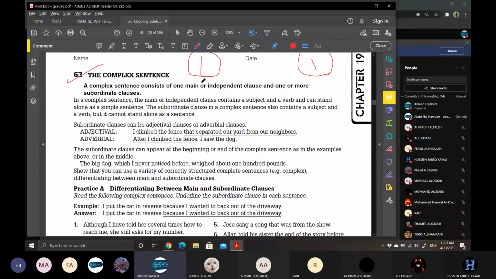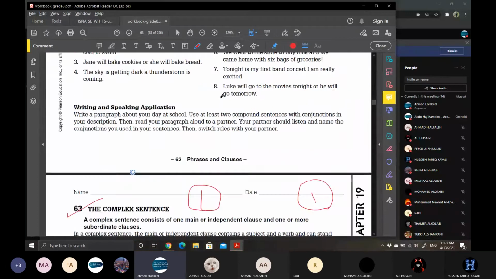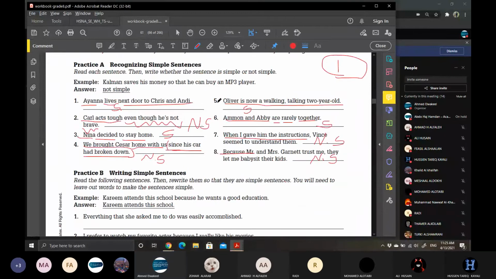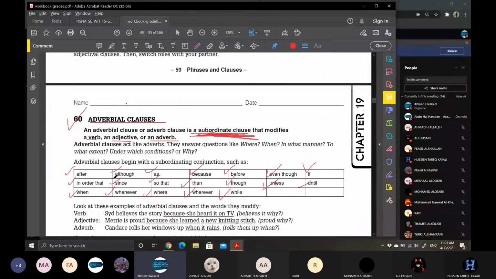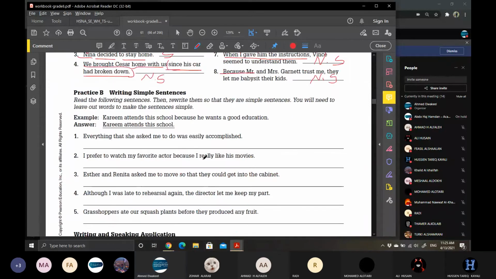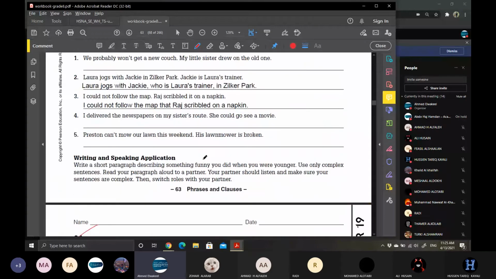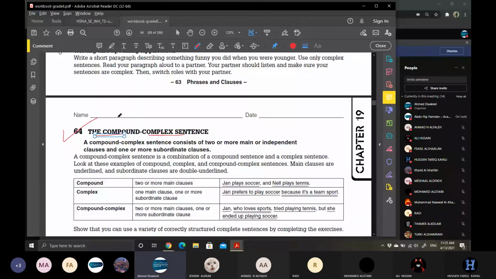And the subordinate clause will always start with a subordinating conjunction, like those on page 60: after, in order that, when, although, since, whenever, any one of these. And of course, the last one is compound complex. Compound means 2 independent clauses, and complex means 1 or more dependent clauses.